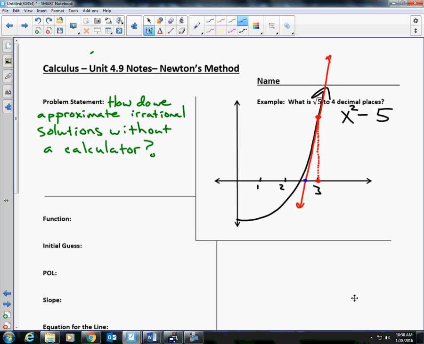What if you want even a better one? Make that my new guess and do it again. Find a point on the curve, draw the line. Before you know it, you're basically right on top of the x-intercept. Not only that, but you have a rational approximation for an irrational number. Sweet, huh?